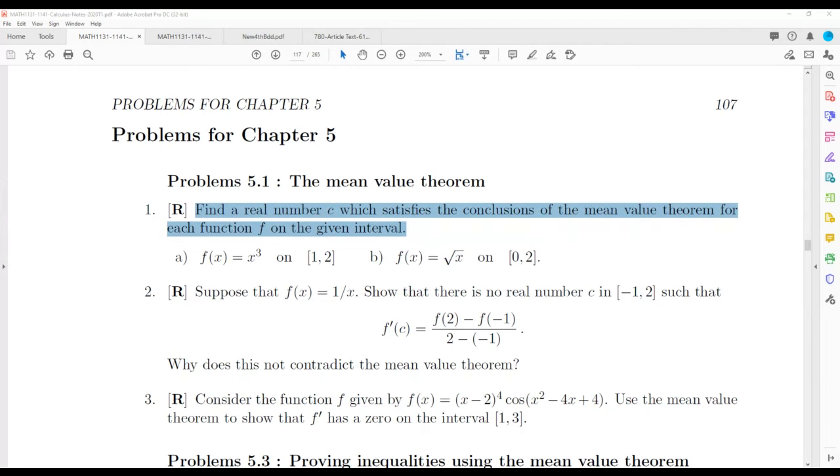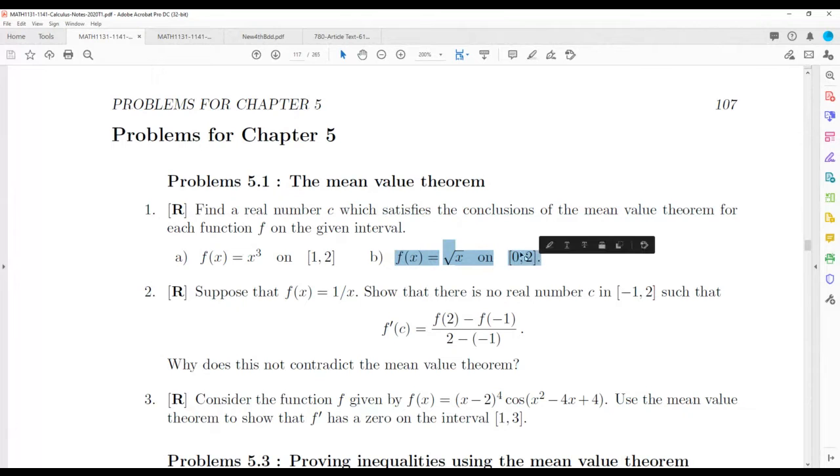They mean the mean is the average. Okay, I'll draw a picture in a sec. The mean value theorem can be used for all sorts of things. In this question, we're asked to find a real number C that satisfies the conclusions of the MVT for, say, this function on this interval.